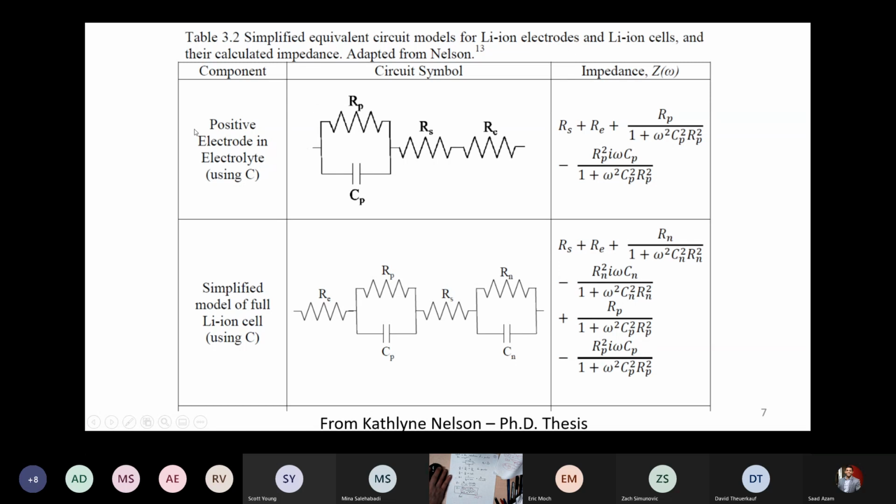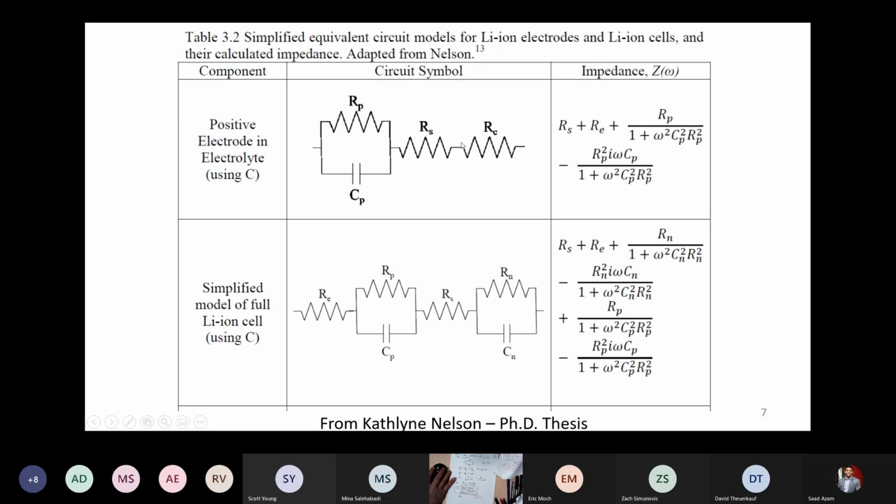So for example, this would be a positive electrode in the electrolyte. You have a charge transfer resistance at the surface to the positive electrode. You have the solution resistance to get the ions to the positive electrode, and you have the electronic resistance to get the electrons to the positive electrode.